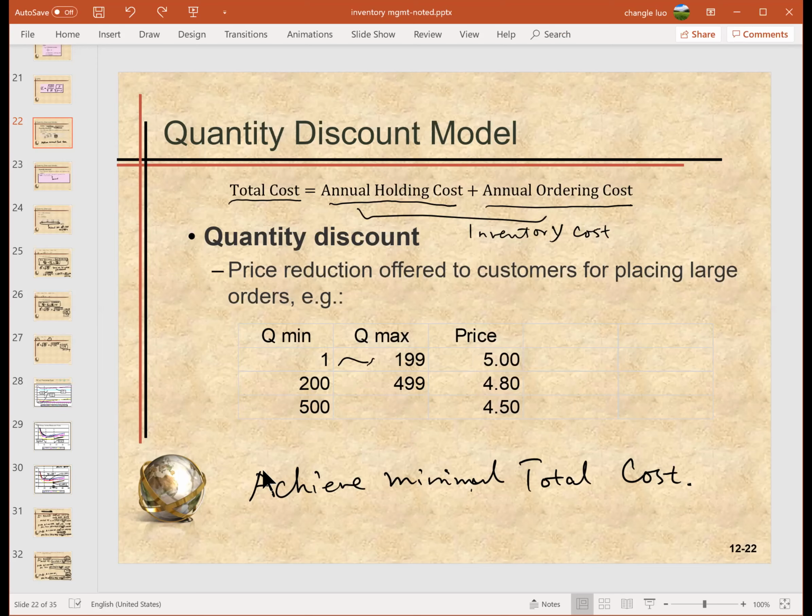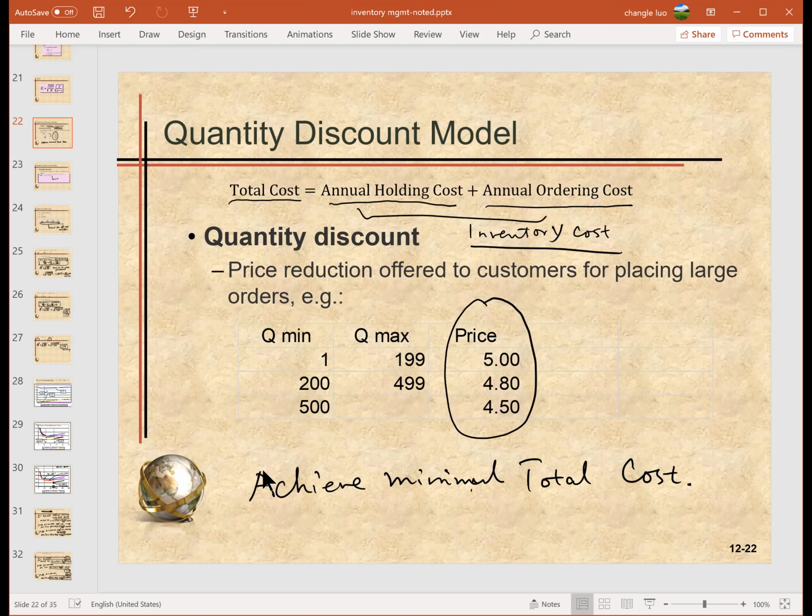So you see that you not only want to optimize your inventory cost now, because you also get possible discounts from large quantities.